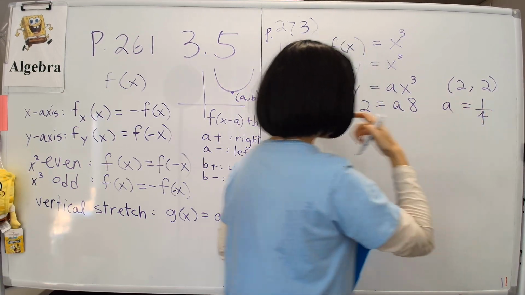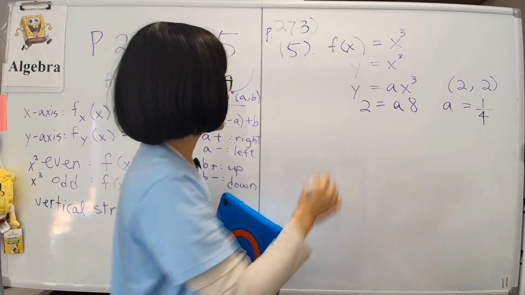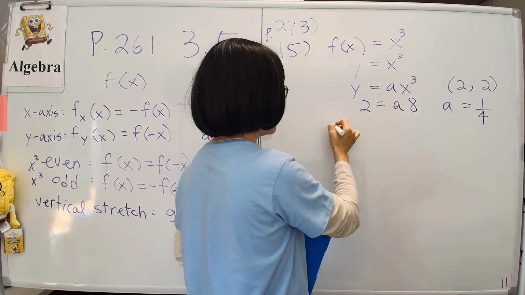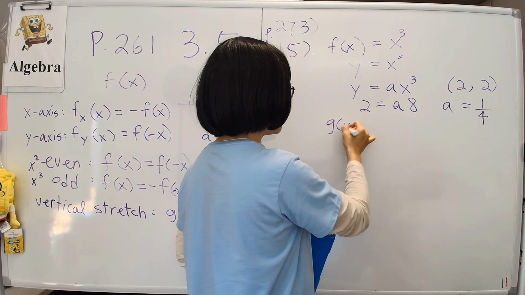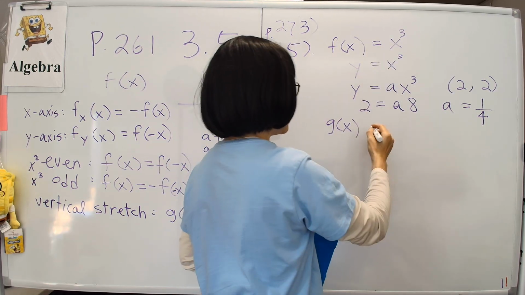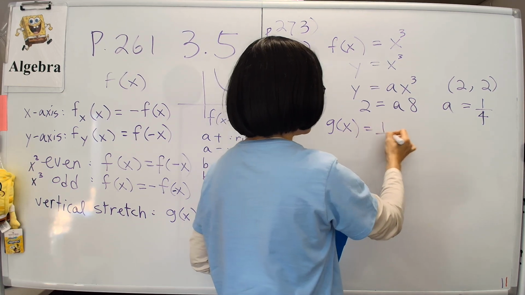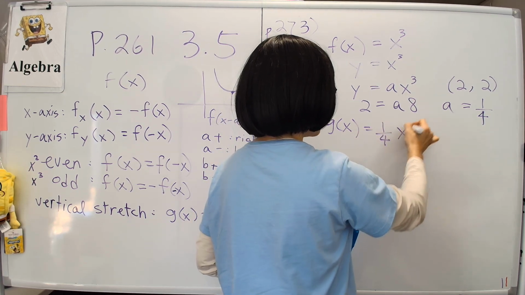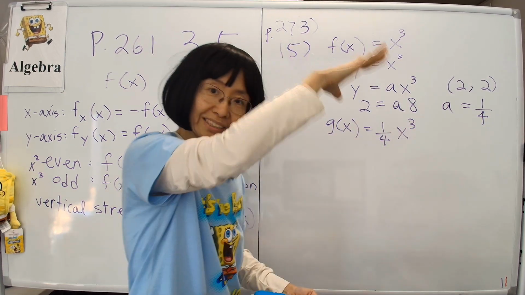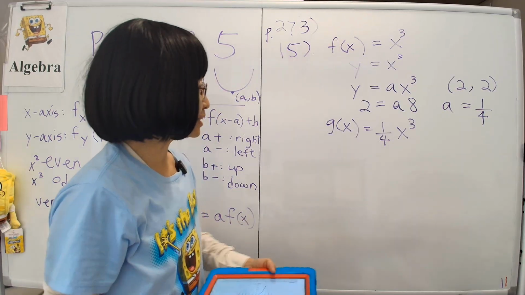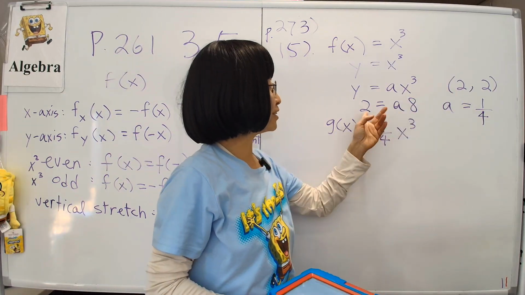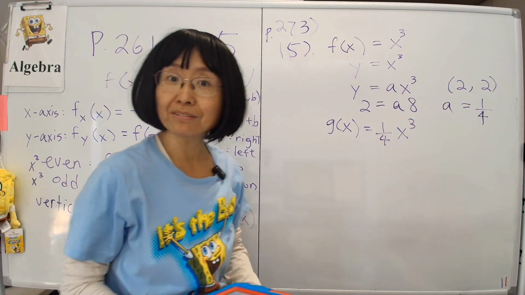In that case, the function we're looking for, let's call it g of x, the new function that comes from this is actually equal to 1/4 x cubed. In other words, it got squashed. That's why when x is 2, it only made it to 2, whereas the other function would have made it to 8.